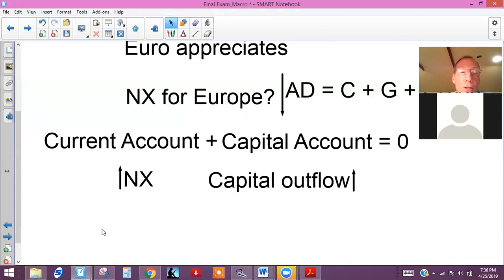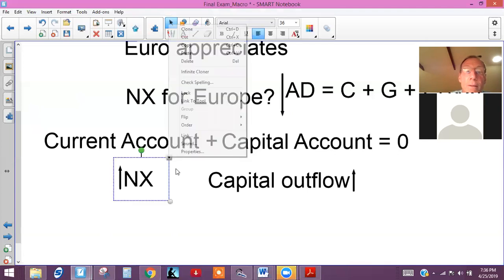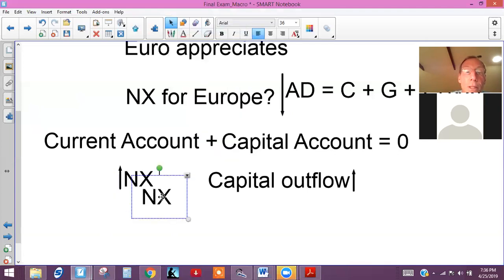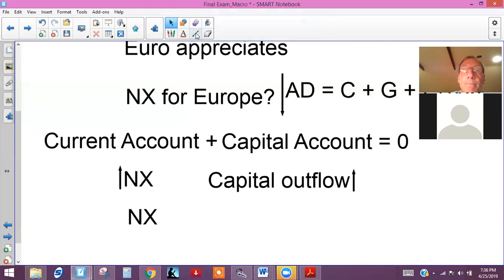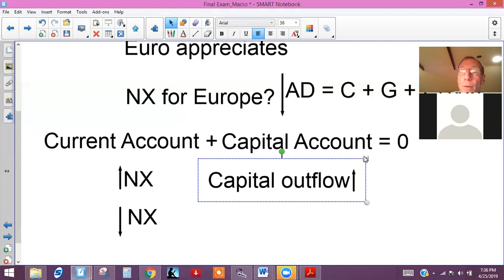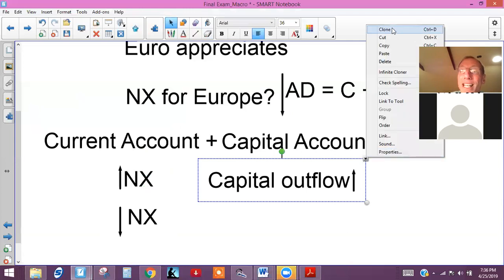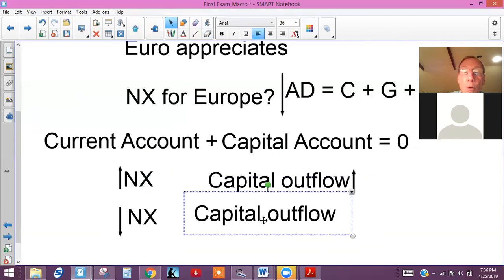If net exports are going down, that means we have capital inflow. It's easy to remember: if imports go up, it means capital inflow goes up.